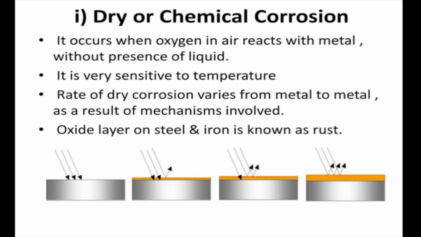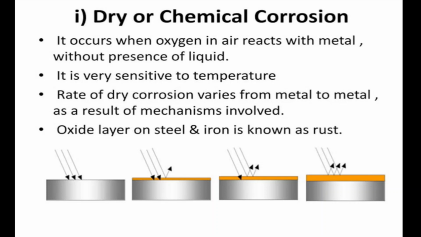So in case of dry or chemical corrosion, what exactly happens? It occurs when oxygen in air reacts with metal without the presence of liquid. It is very sensitive to temperature. The rate of dry corrosion varies from metal to metal, so the mechanism involved differs.